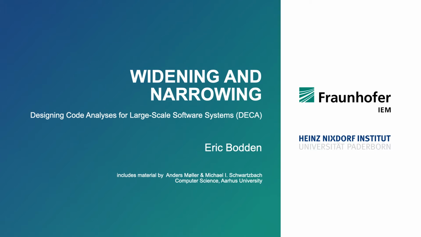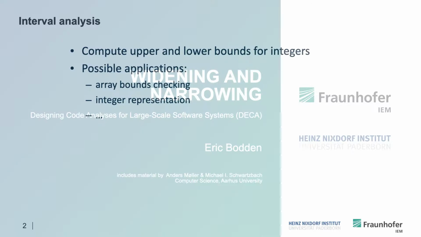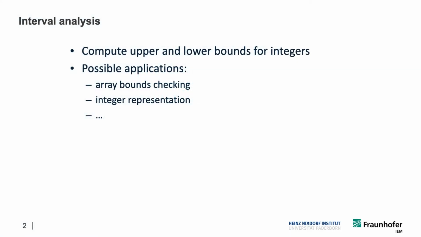So in order to discuss the related examples, I would like to get back to this interval analysis that we've already covered. And here we are assuming a slightly extended version of the interval lattice that I already showed you. As I discussed before, the general idea is that we want to compute upper and lower bounds for integers.